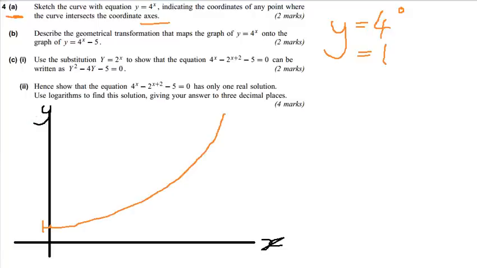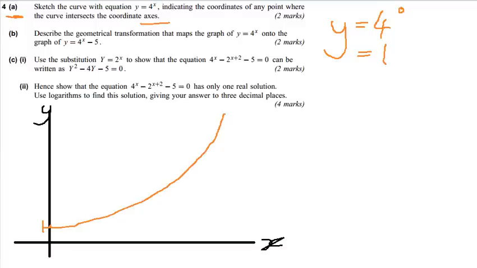Now on the negative side, negative x, when you get 4 to the power of minus 2, minus 5, minus 50, it doesn't drop below 0.